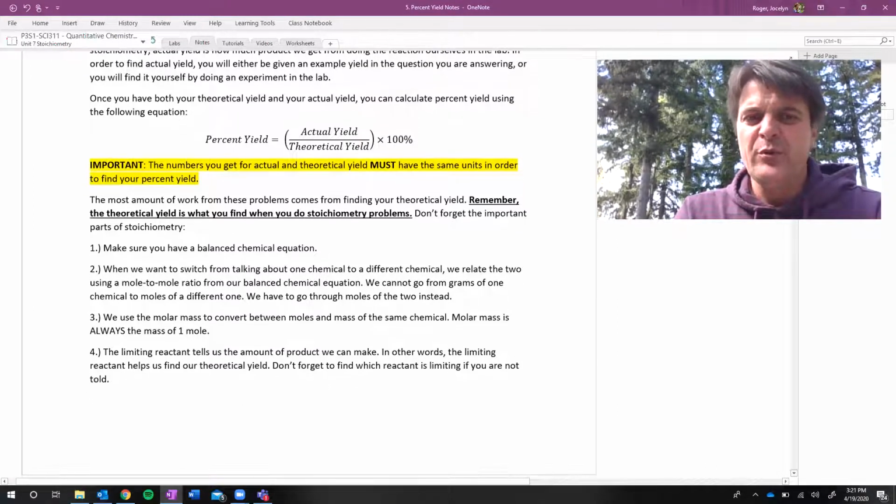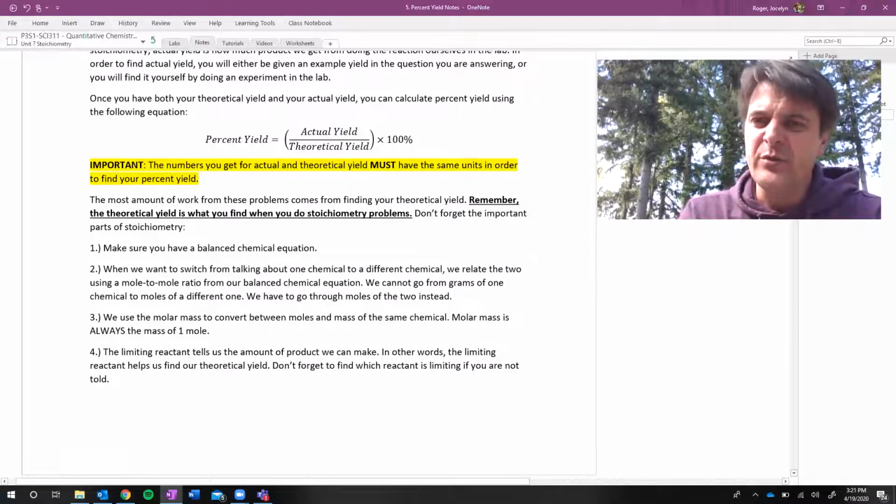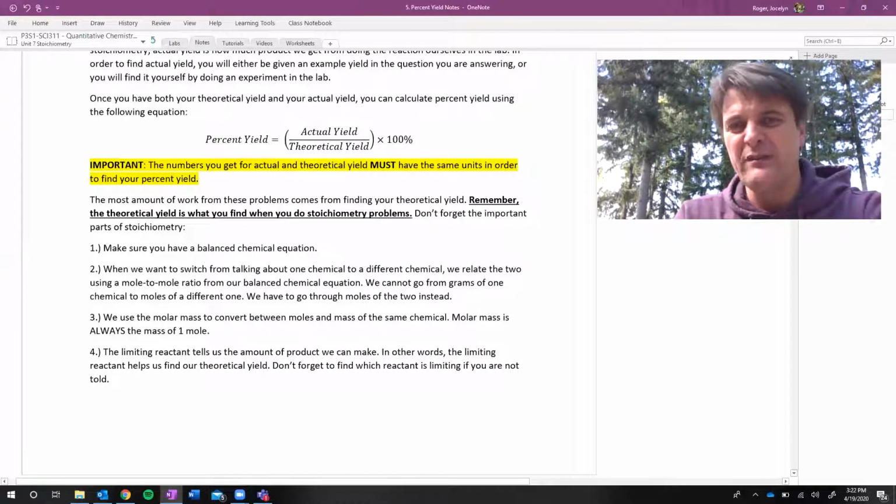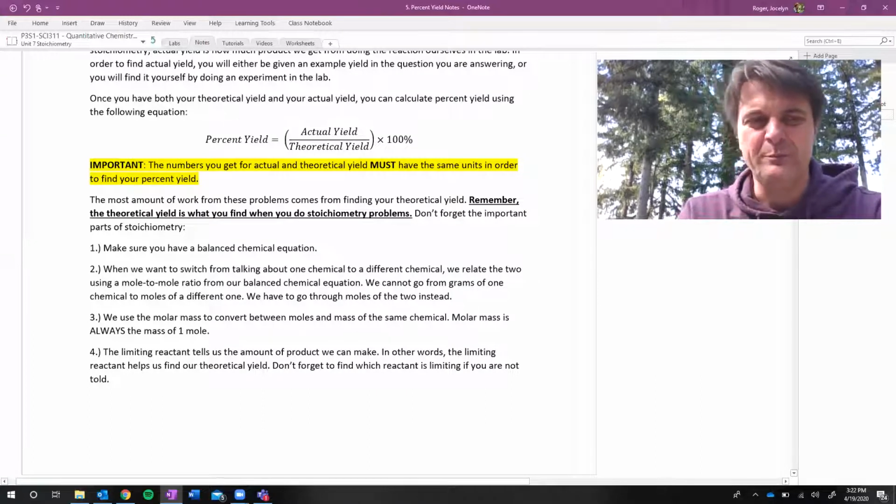You could calculate the percent yield using an actual yield in grams and a theoretical yield in grams, or you could calculate it with an actual yield in moles and a theoretical yield in moles. It doesn't matter which unit you use as long as they're the same, because you're going to be dividing moles over moles, or grams over grams.